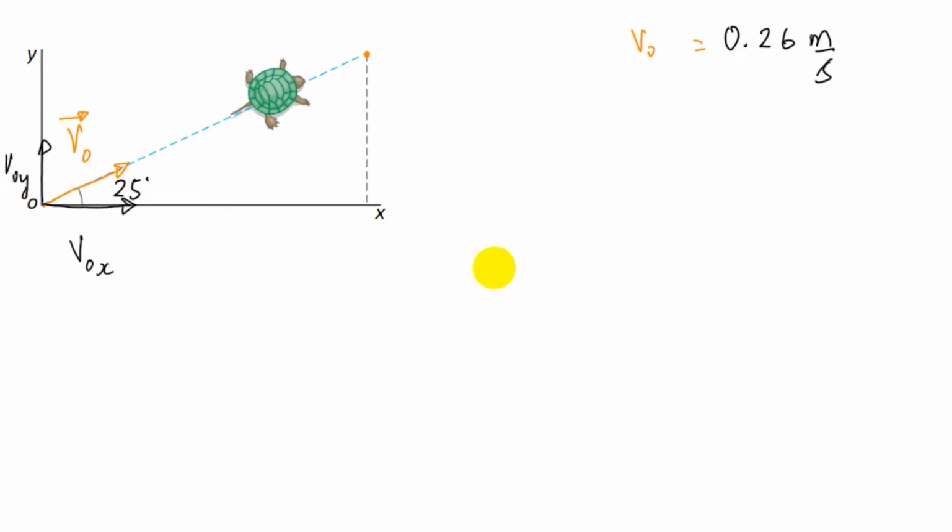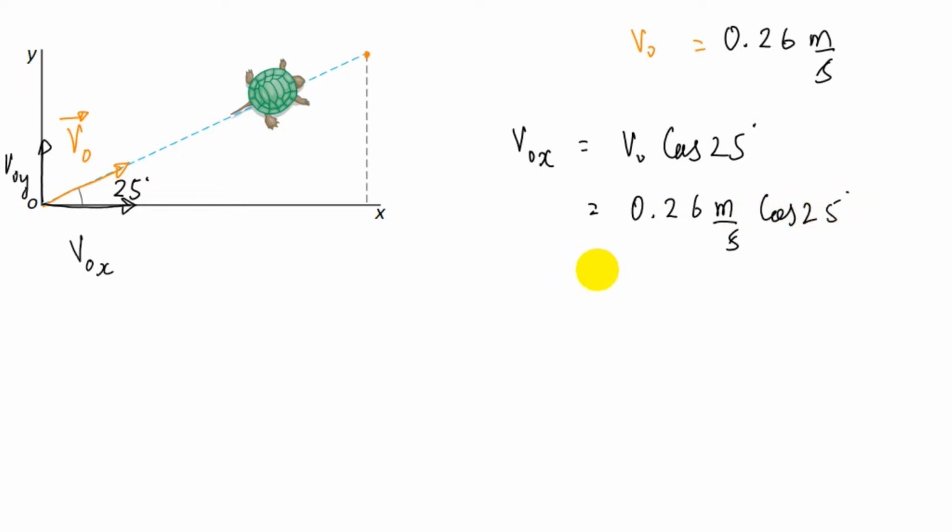Now we can find the speed in x and y direction separately. So v0x will be v0 cosine theta, which is 0.26 meter per second times cosine 25 degrees. So that will be equal to 0.24 meter per second.